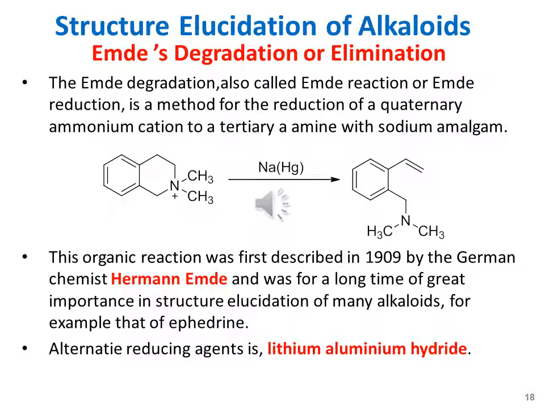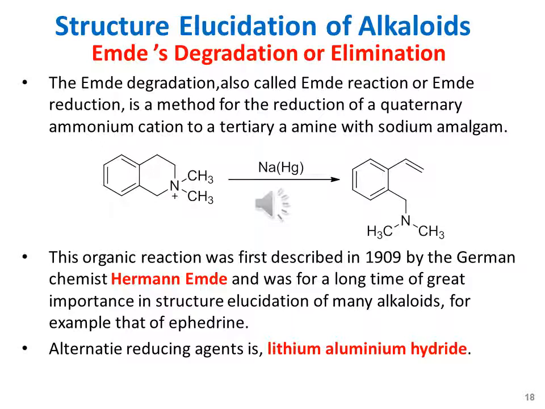Emde degradation or elimination, also called Emde reaction or Emde reduction, is a method for the reduction of a quaternary ammonium cation to a tertiary amine with sodium amalgam. For example, here in this slide you may see the reduction of a quaternary ammonium salt with sodium amalgam. Amalgam always stands for mercury. This organic reaction was first described in 1909 by the German chemist Emde and was for a long time of great importance in the structural elucidation of many alkaloids.